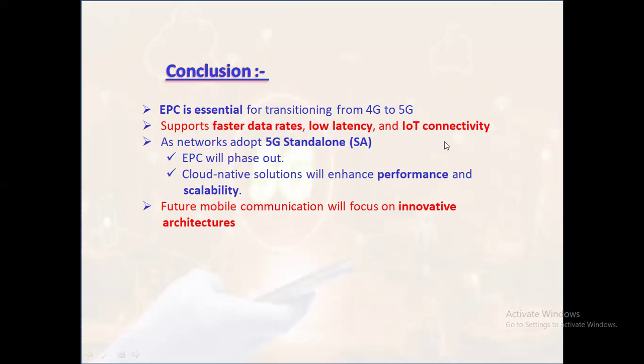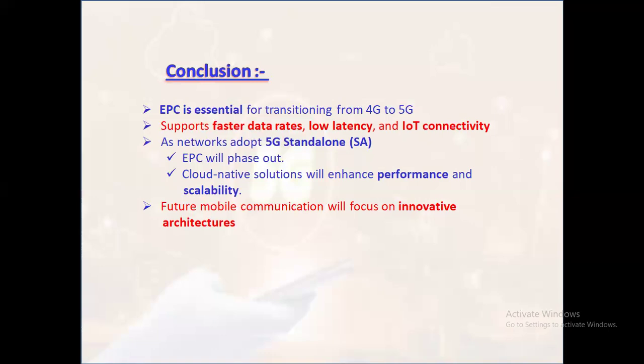How is it happening? One of the key advantages of EPC is its ability to support increased data rates and lower latency, both of which are critical for 5G applications. With the integration of 5G NR, EPC enables faster download and upload speeds, significantly enhancing the user experience for data intensive applications.